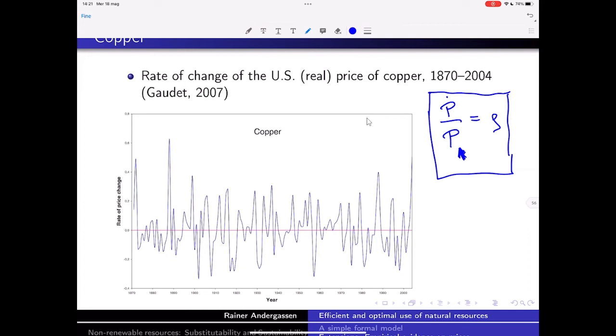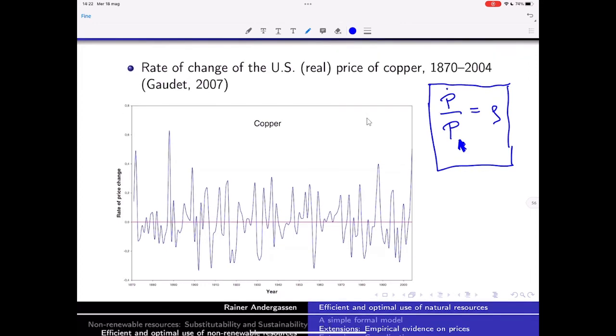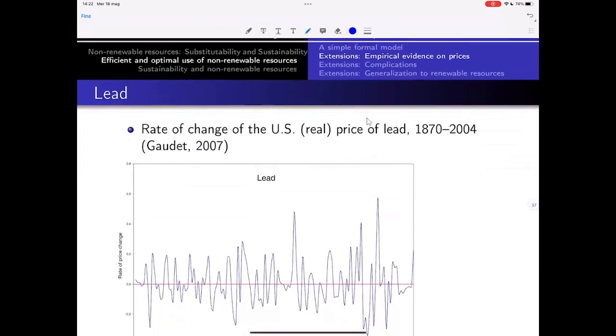There are huge fluctuations around zero, and what you should expect is fluctuations around a positive number, because the social discount factor is positive. Is it clear? There can for sure be fluctuations, but they should be around a positive number. So here, the data is not supporting the theory.